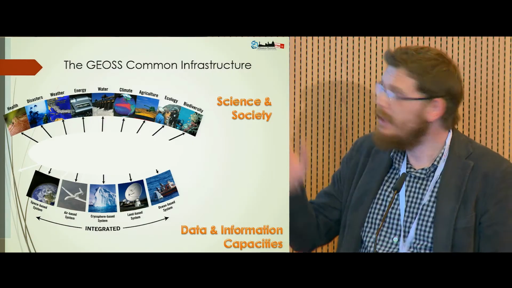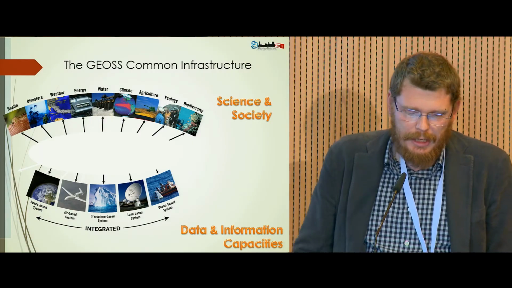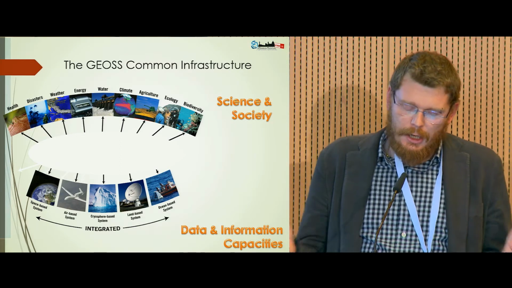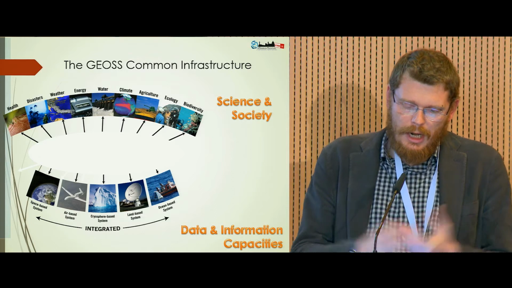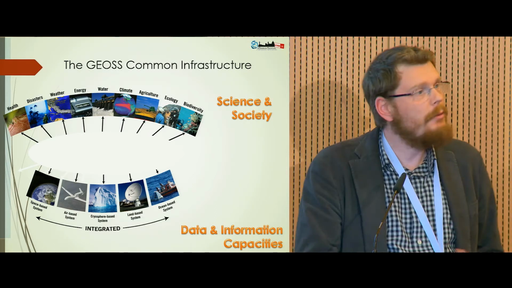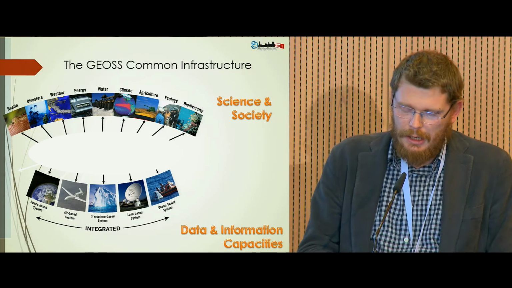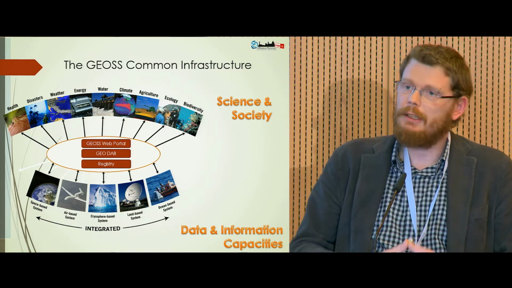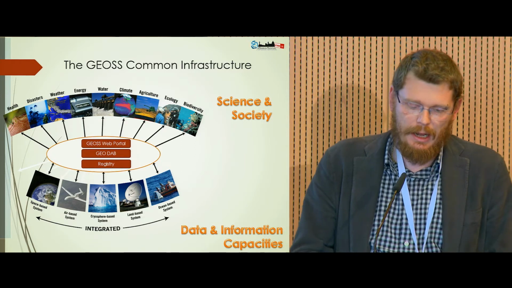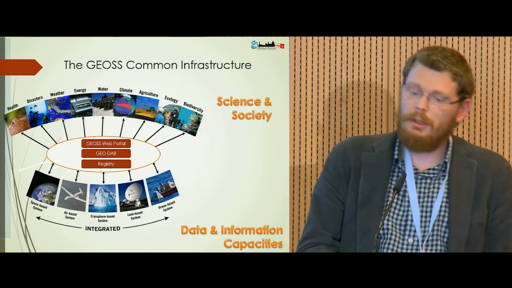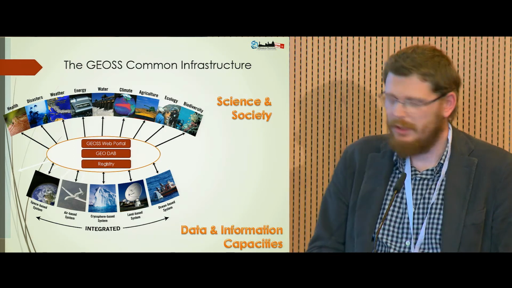So, a very high-level description of the GCI, the GEO's common infrastructure, where we have to link essentially two layers. On one side we have the science and the society, and on the other side we have data providers, data servers. The GCI at the very high level is composed of the GEO's web portal, the GEO Discovery and Access Broker we have just seen, and a registry.